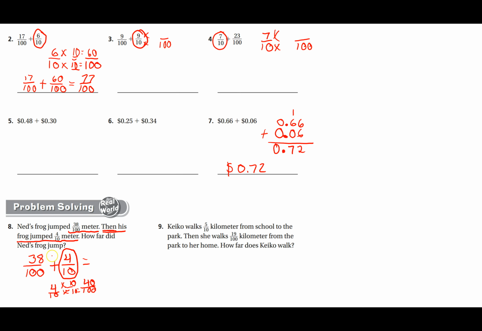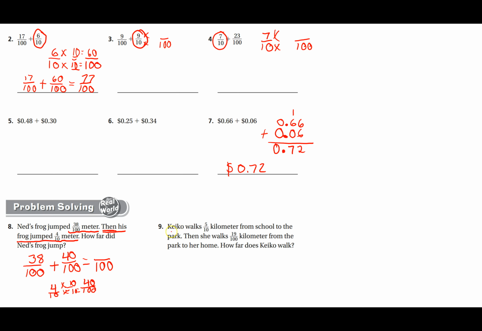So now we have 38 hundredths plus, and we've changed this 4 tenths, we said equals 40 hundredths. And now we can keep our same denominator all the way across and just add our numerators. I'm going to let you go ahead and do that. I'm going to move on to number 9. If you need to pause or rewind, don't hesitate.